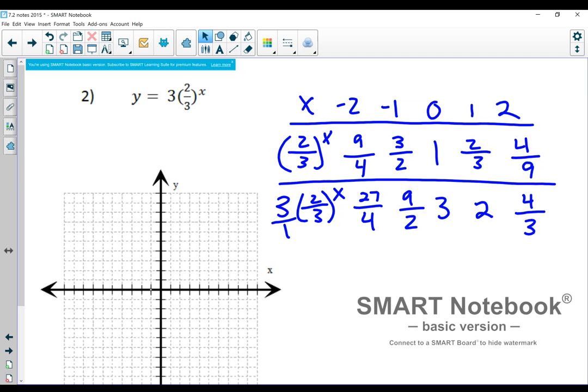So at -2: 1, 2, 3, 4, 5, 6, almost to 7. 9/2 is 4.5, so at -1: up 1, 2, 3, 4.5. 0 is 3. 1 is 2. And 2 is 4/3.